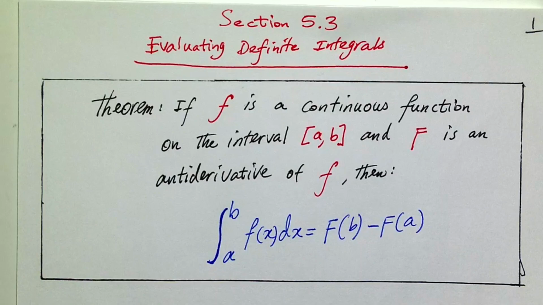Hello everyone, welcome to our discussion of section 5.3 where we will be talking about evaluating definite integrals. Now we've already looked at integrals or the antiderivative and their conceptual meaning with respect to the net area above and below the x-axis and under a curve.